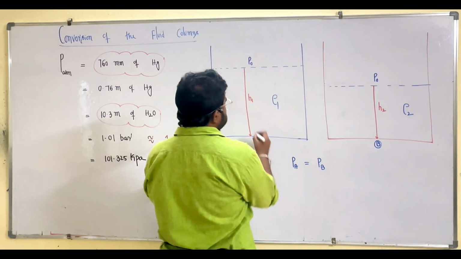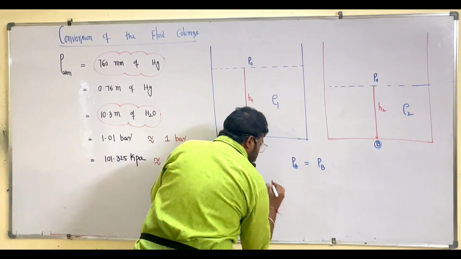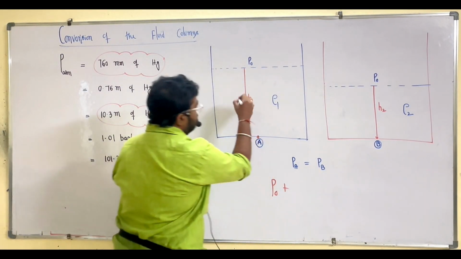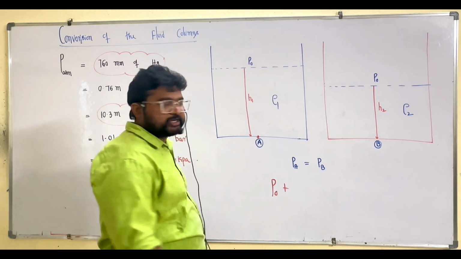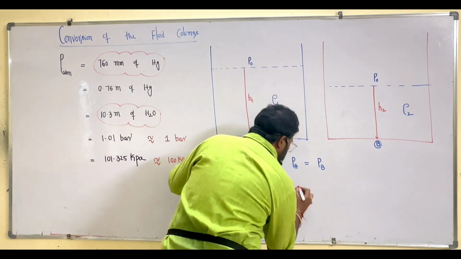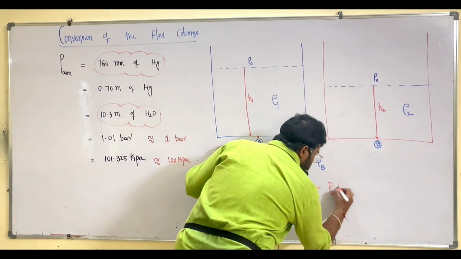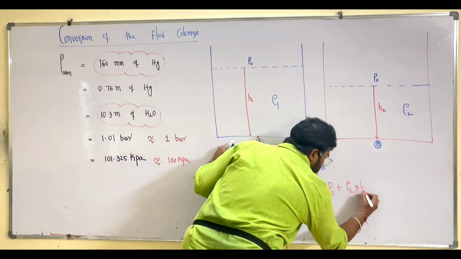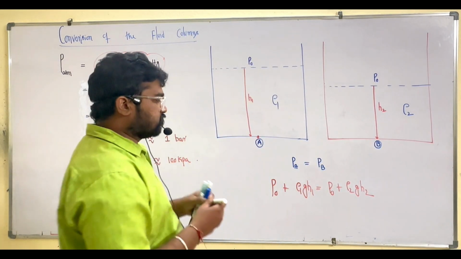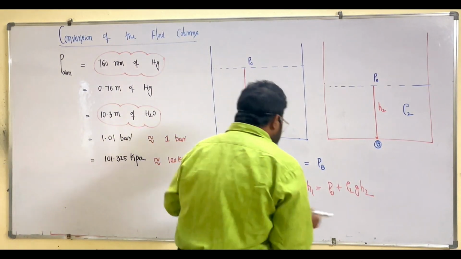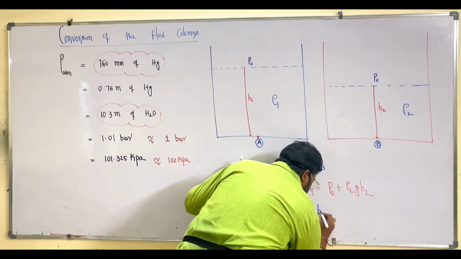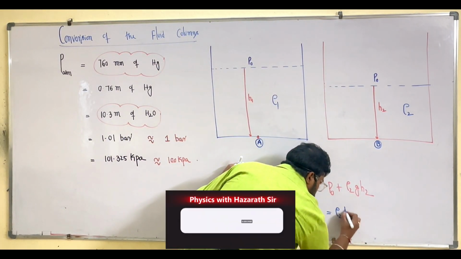So here, what is the pressure? What is the downward pressure? Assumed to be positive, plus ρ1gH1 equals P0 plus ρ2gH2. Everything cancels, so what do we get? ρ1H1 equals ρ2H2.